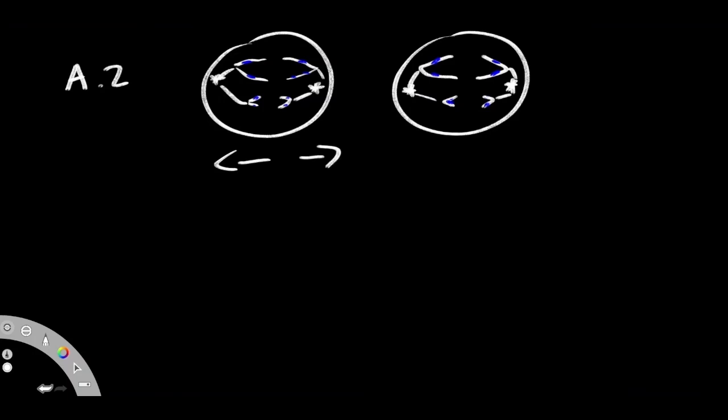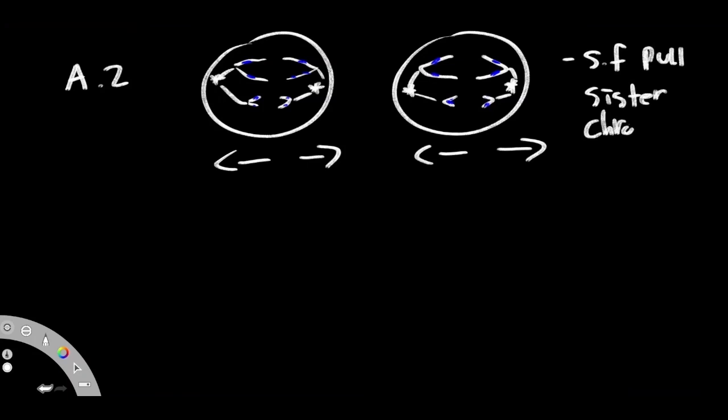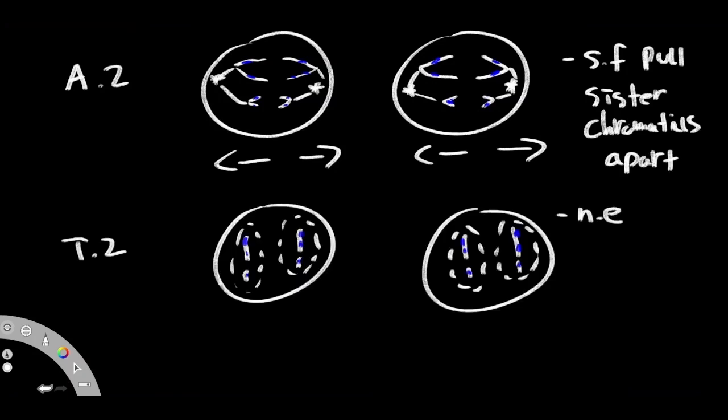Now they're being pulled apart towards the opposite poles, and the sister chromatids are now being completely ripped apart in half. So the spindle fibers pull sister chromatids apart. And like usual, the nuclear envelope reappears.